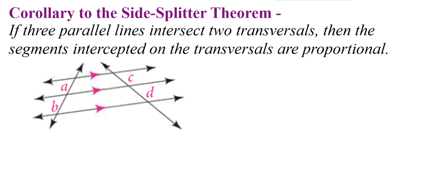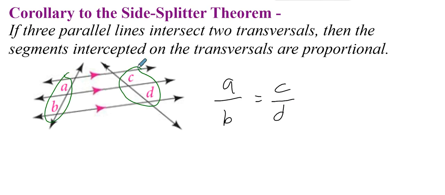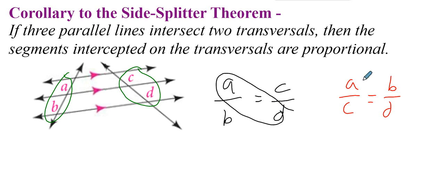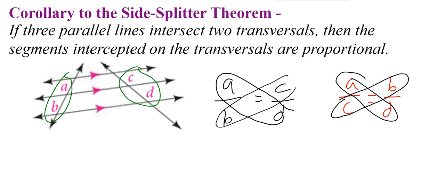So we can say that A over B is equal to C over D. That's the way I will usually set them up. But if you choose, you could also do A over C equals B over D. And when you look at the cross products, you'll get AD and CB when you multiply them out.